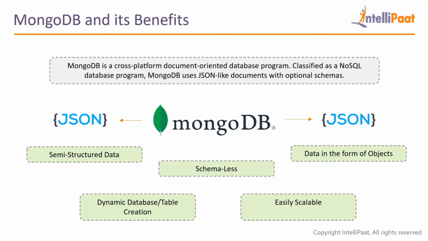Another advantage is that it's schema-less, right? So SQL tables do not need to be implemented. That way you can create new columns and new tuples very easily, dynamically. So dynamic database and table creation is one of the advantages, and that also makes it easily scalable, since you don't have to preemptively create a new table or a new table format for storing new categories of data.